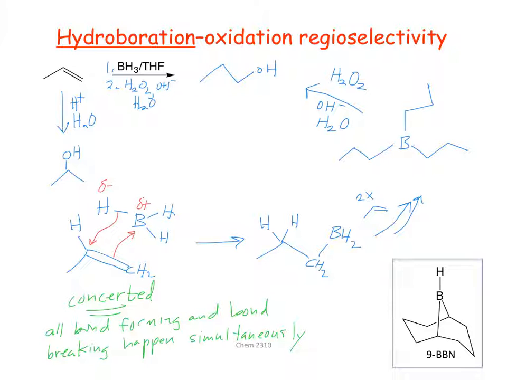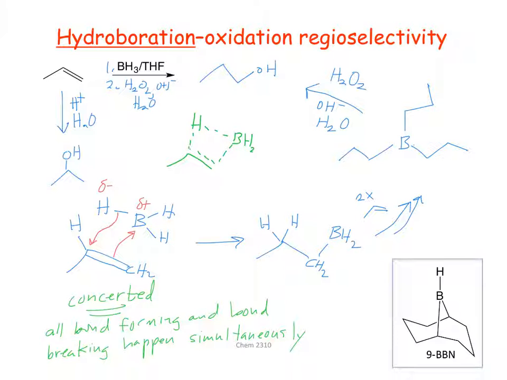The reason, as we can see now, is for one thing, steric strain. The other thing is if we draw out what might look like the transition state. We're breaking this bond, we're forming our bond to the boron, we're breaking the bond to the hydrogen, and we're forming this one.